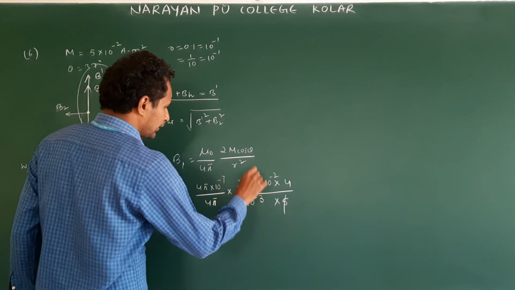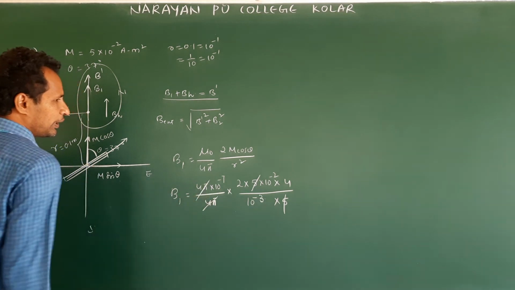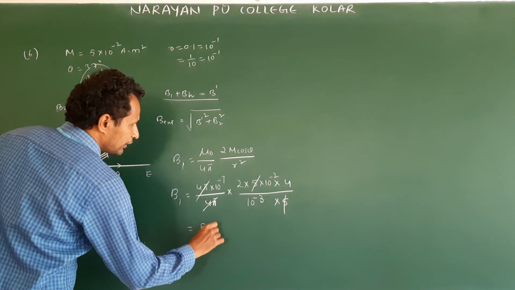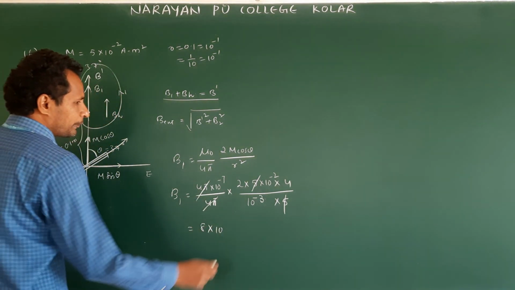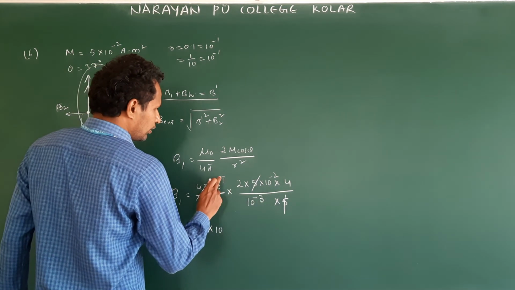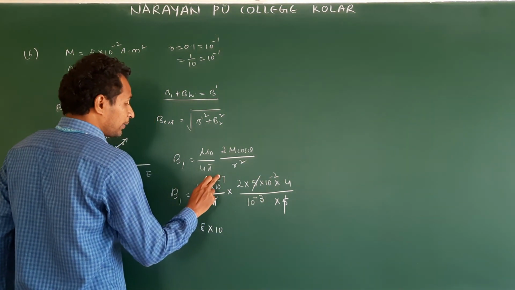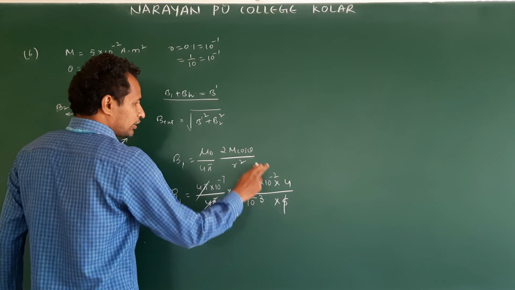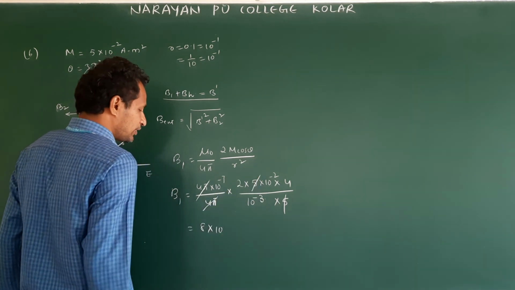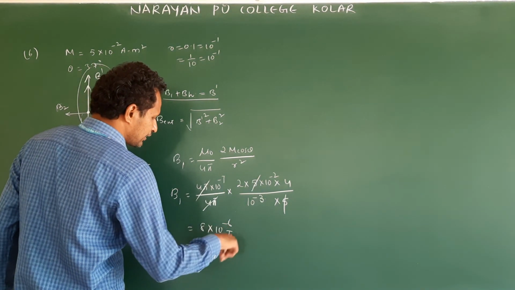The 5 cancels, the 4 pi cancels, giving 8 into 10 power minus 5. Minus 7 minus 2 is minus 9, it goes up plus 3, minus 1 plus 3, so minus 6 Tesla.